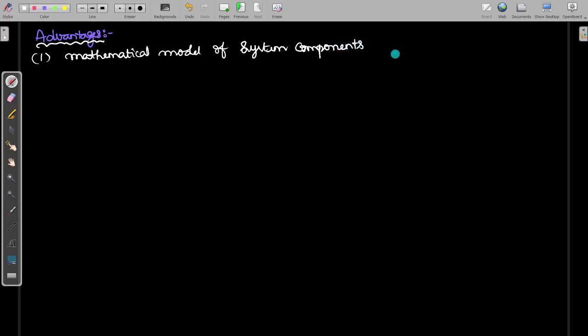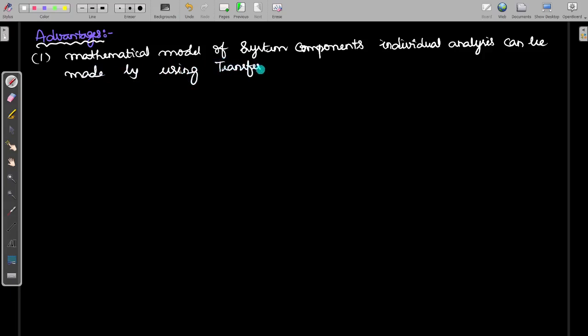Individual analysis can be made by using the transfer function. So from this mathematical model of all the system components, individual analysis can be done by using the transfer function.